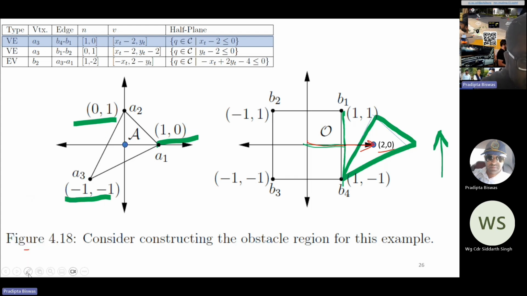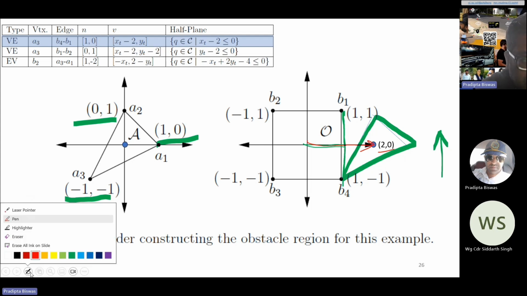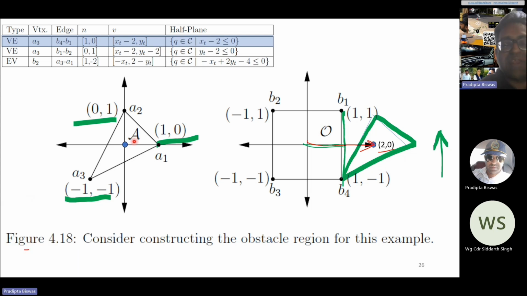So the robot's center is 0, 0. This is 1, 0. So now the robot's A3 is here. So where will A be? 1 coordinate here. So this is 1 minus 1. That's why it will be 2, 0. Y coordinate is 0 and x is 2. Okay.